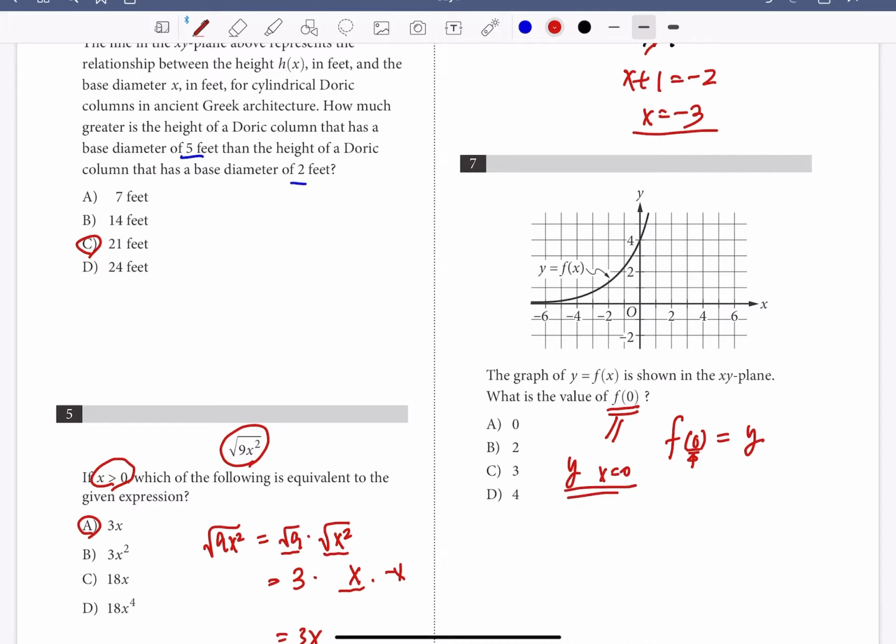We are looking for the y value when x equals 0. The y value when x is 0 is always on the y-axis. So 4 is the answer.